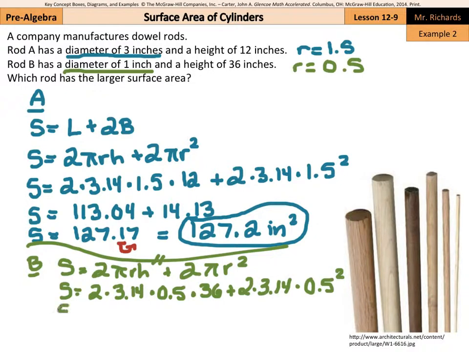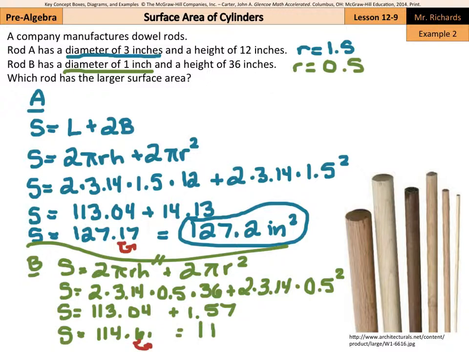My lateral area here actually turns out to be the same as the other one at 113 4/100, plus the two circles are where it's going to make the difference. The area of those is 1.57. And so when I add these two up, I get a final surface area of 114 61/100, which when I round to the nearest tenth results in 114 and 6/10 inches squared.